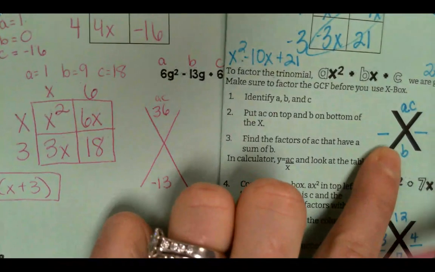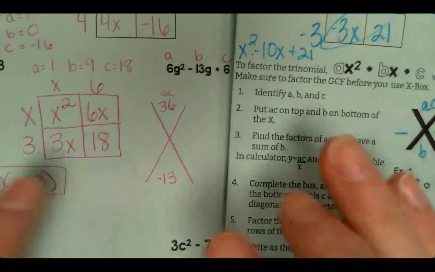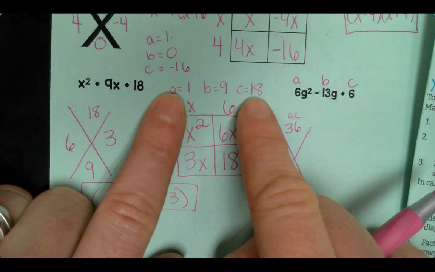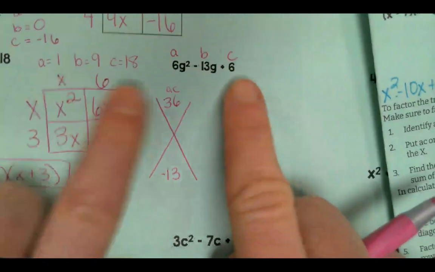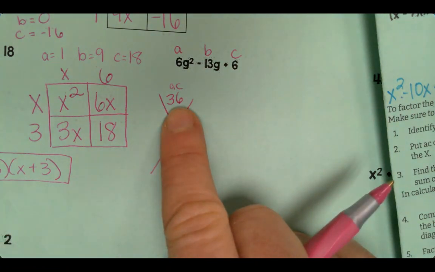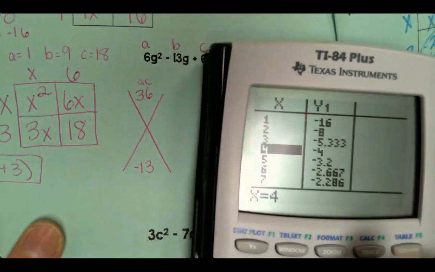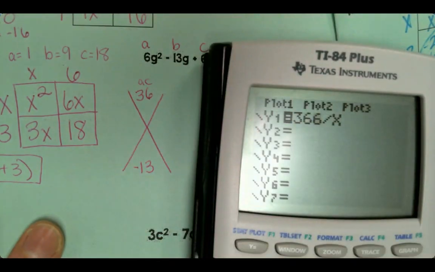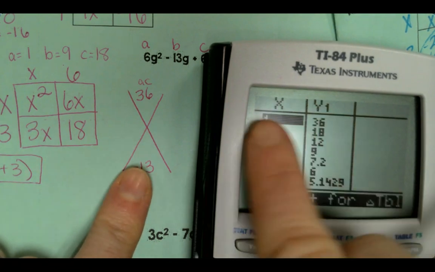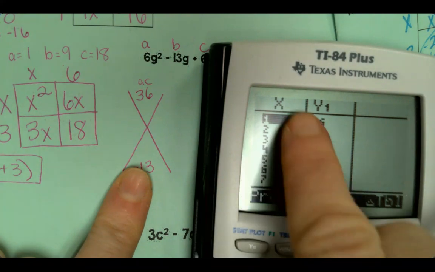I'm going to show you right here. We did it before because A was 1, so that's why it was just C. But when A is not 1, that's whenever that top number changes, because you are multiplying A times C. So if you want to put it in the calculator, 36 divided by X. We have a negative sum, so all these positives are not going to work.